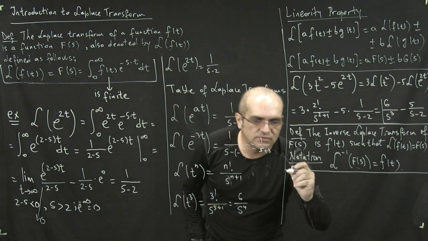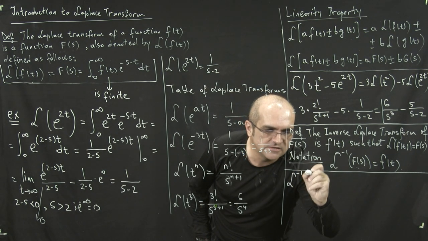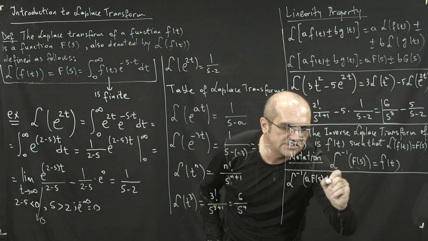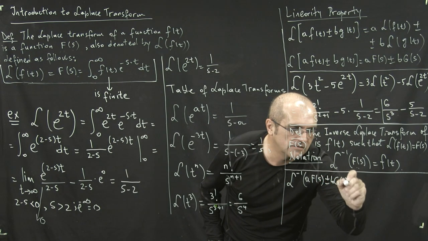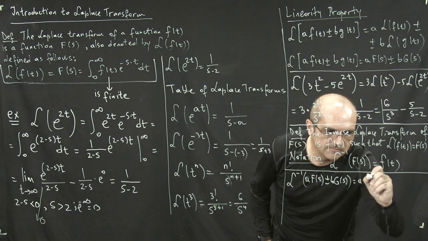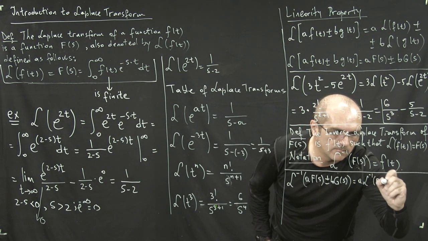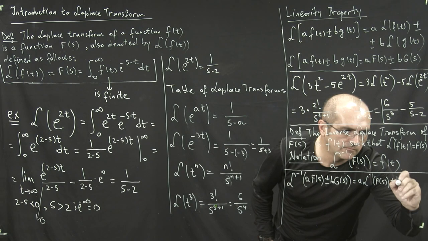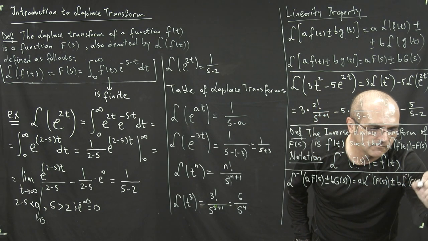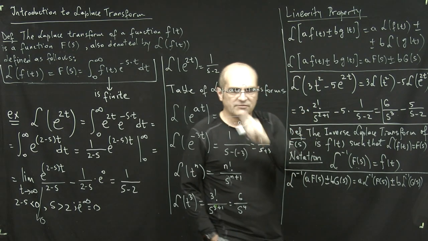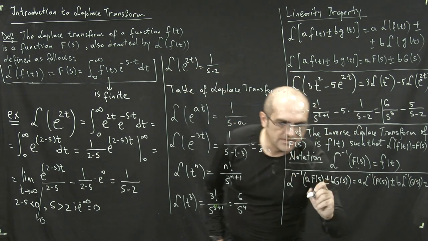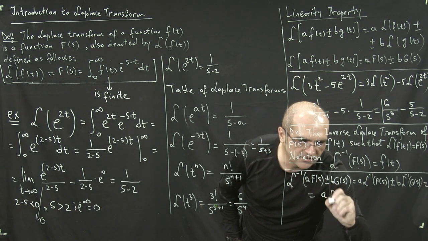So it is true that we have L inverse of some combination of functions in S. We could distribute the inverse Laplace just like before, and then write this as the linear combination of the original functions.